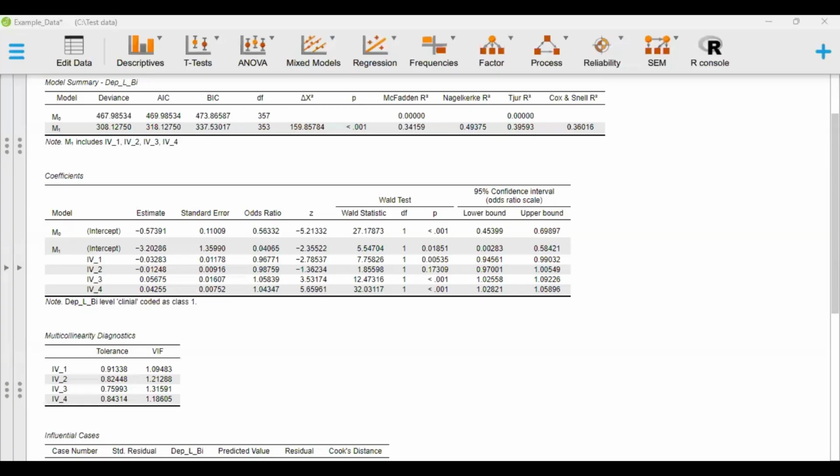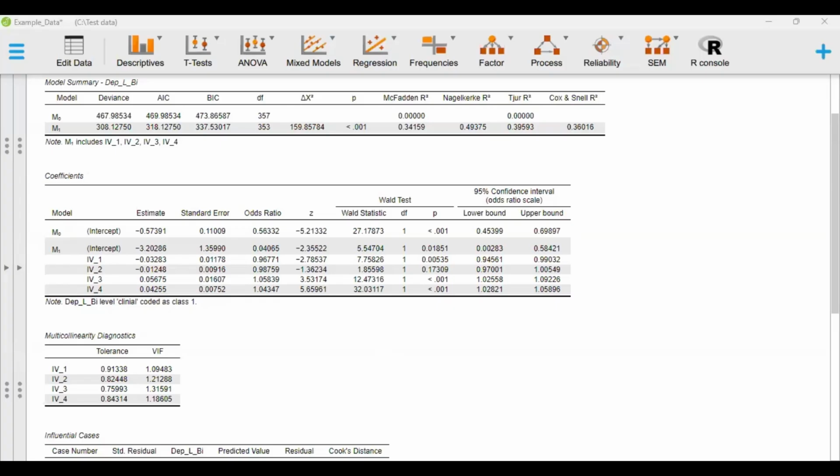For this, you can say that if 1 unit in your IV increases, by what percentage the odds of your outcome variable are increased or decreased. I can clarify that better with an example.